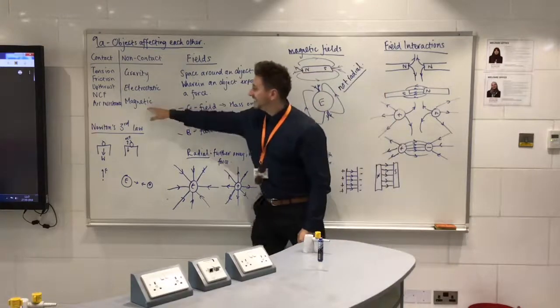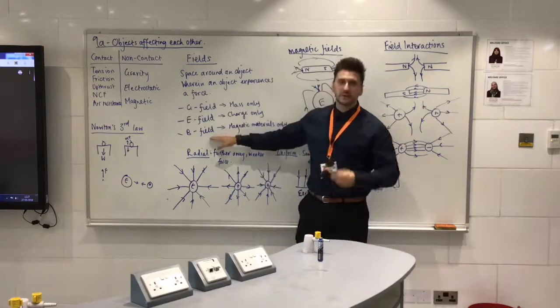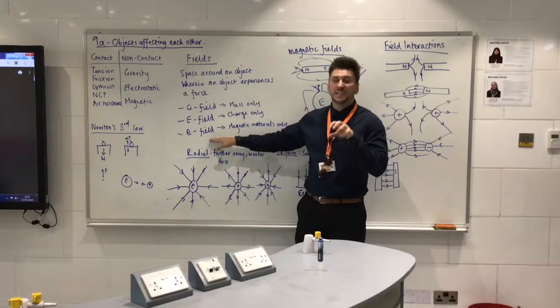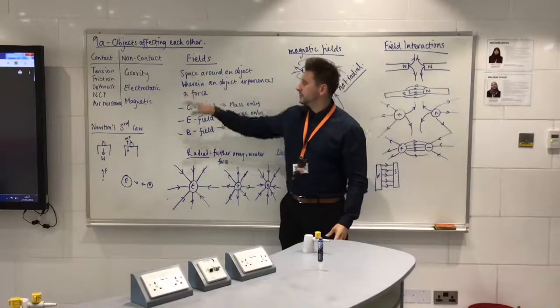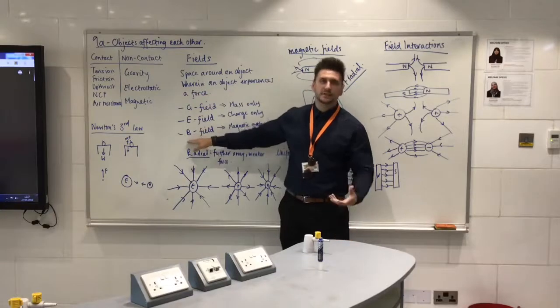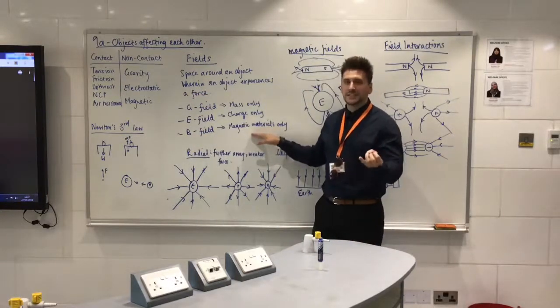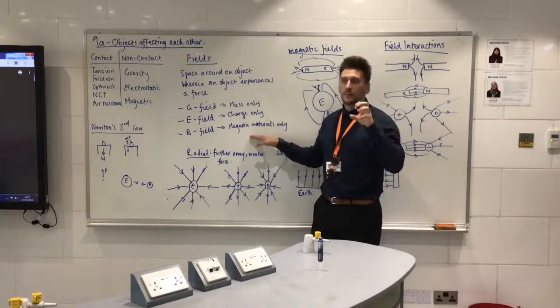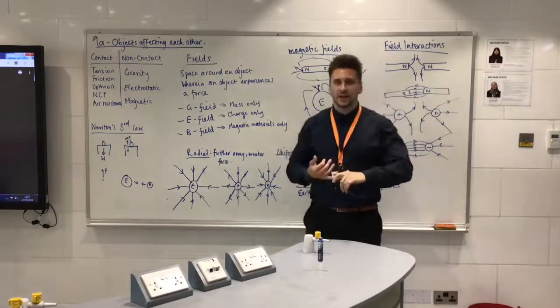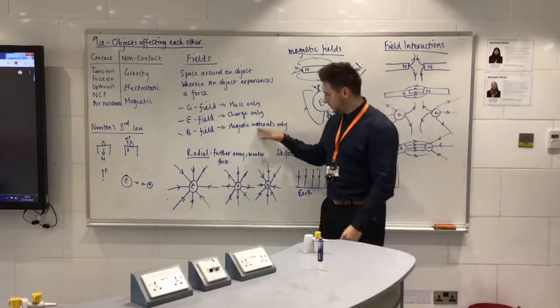Or you have a magnetic field, which we call a B field. The reason it's called a B field is because the symbol for magnetic field strength is B. So G for gravity, E for electrostatic, but B for magnetic field, which only affects objects which are magnetic materials, as we said, iron, nickel, cobalt, or permanent magnets such as ferrite, alnico, all of those.